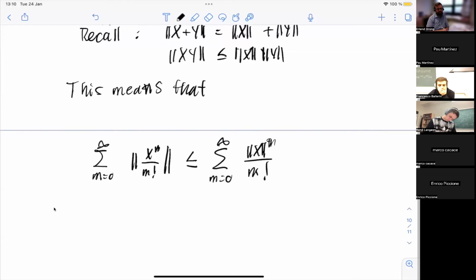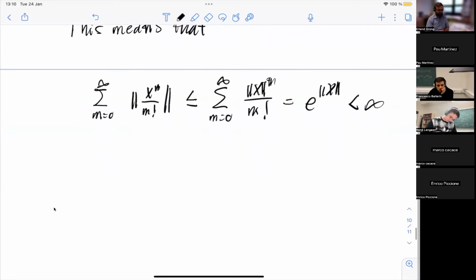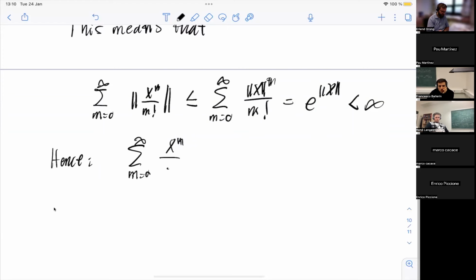So taking this sum, but with the xn on the inside, what is this? This is just e to the power of the length of x, which is in particular, for one given matrix, less than infinity. Hence, the sum m going from 0 to infinity of x^m over m factorial converges absolutely.